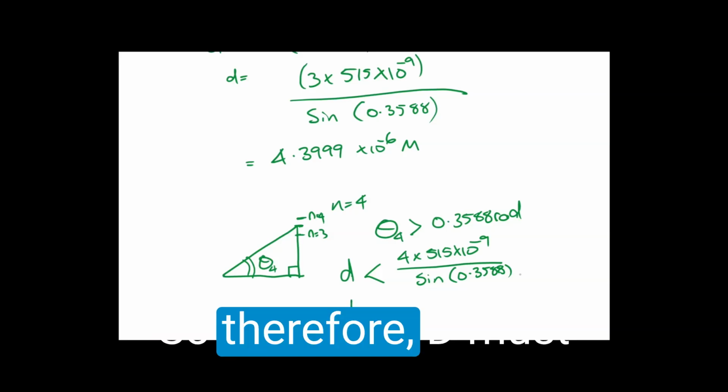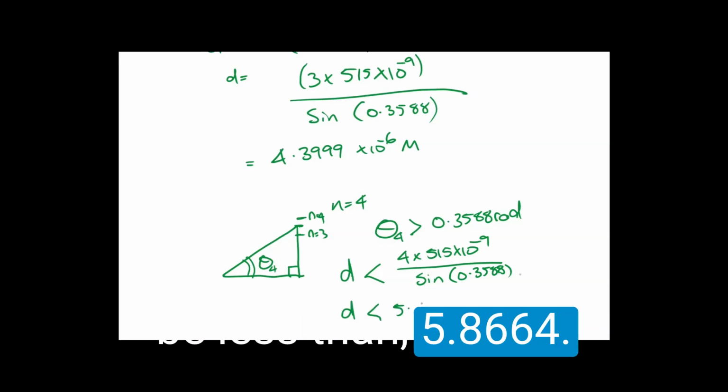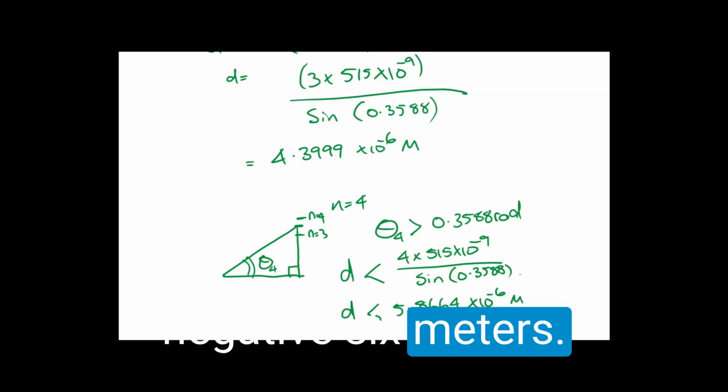So therefore D must be less than 5.8664 times 10 to the negative 6 meters.